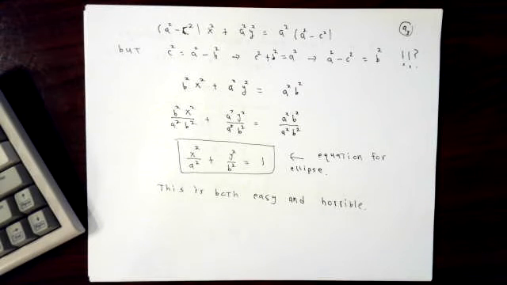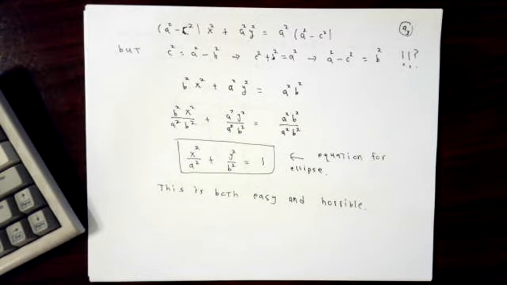So this is easy to think about. When we do the corresponding thing for the hyperbola, the b is going to be a little bit of a mystery. So when I say this is both easy and horrible, it's easy because no one step of this is very difficult, but it goes on for quite a while.